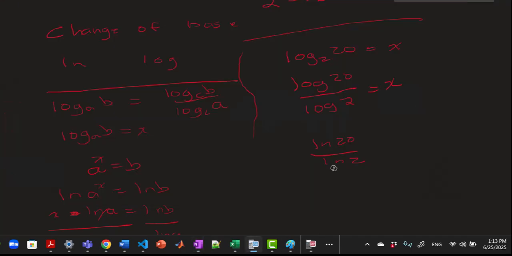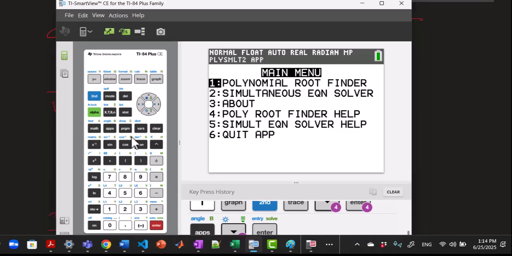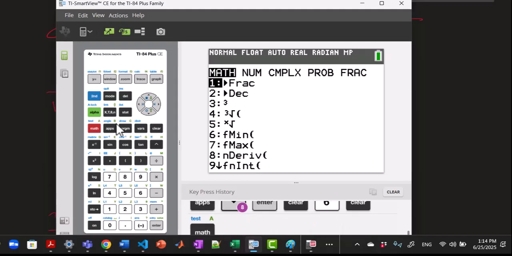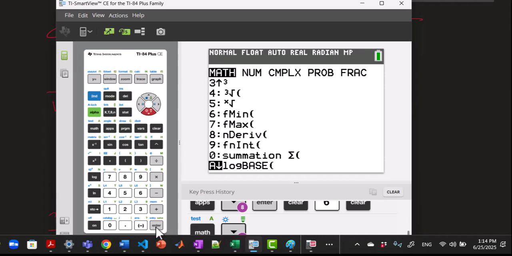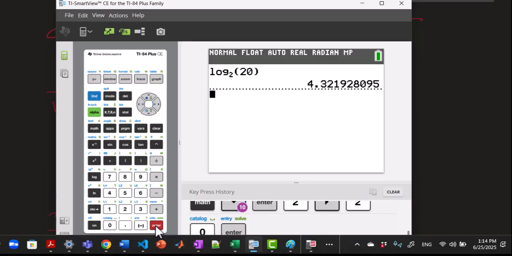On this calculator, you would go to the math menu and you go down to A is log base, and then you can fill in the 2, log base 2 of 20, and you get 4.3219, as we suspected, between 4 and 5.